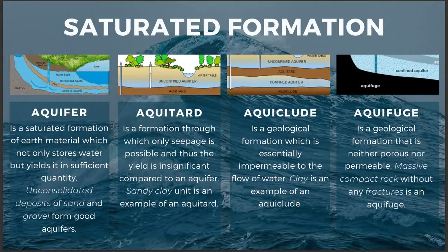Saturated formations, this lies in the which zone? Zone of saturation. So una is yung tinatawag nating aquifer. So these aquifers is a saturated formation of earth material which not only stores water but yields it in sufficient quantity. No? So ibig sabihin there is a good amount of water that can be extracted in this particular zone.